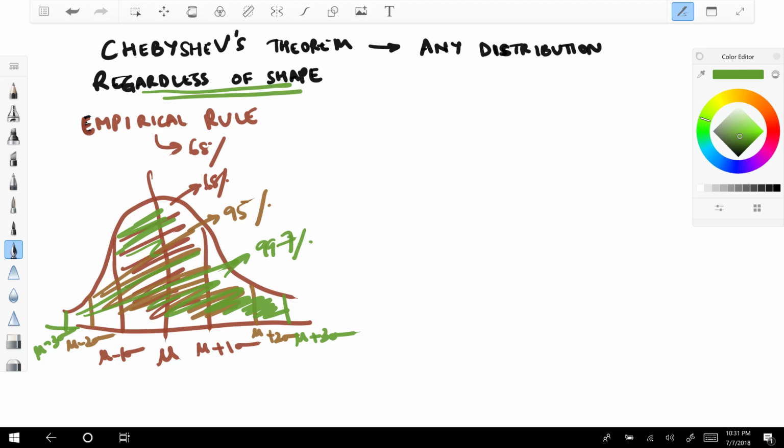So what Chebyshev's theorem says is it tries to calculate the proportion of data within k standard deviations.